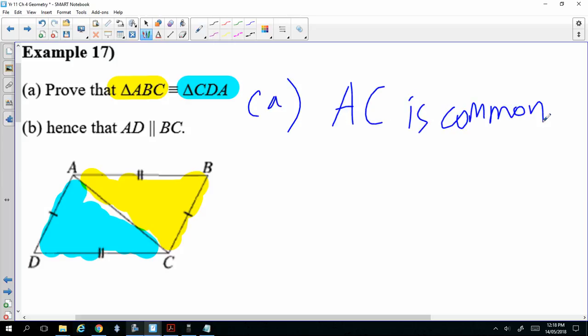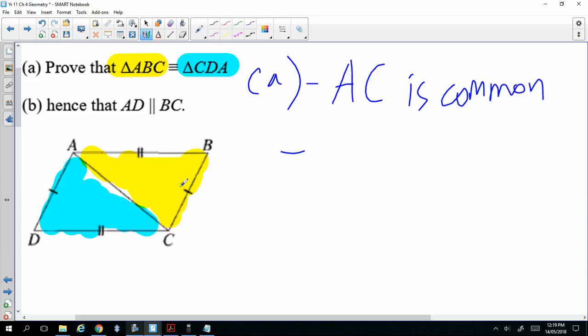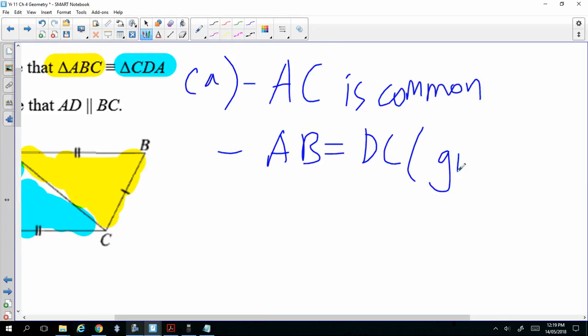Lisa. The question is, give me two things that are equal in these two triangles. Yep. Reason. Yep. But you can't say it says on the diagram. Just say given. Yep. Keyword is given. So anything that says on the diagram or given in the question, you say given. That's enough. Good. We've got one more.